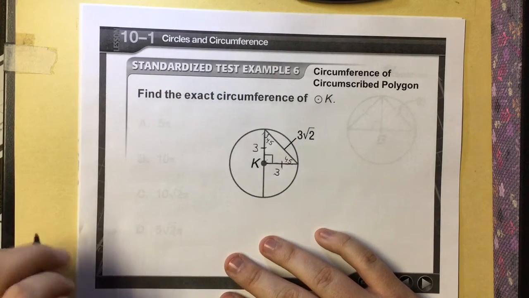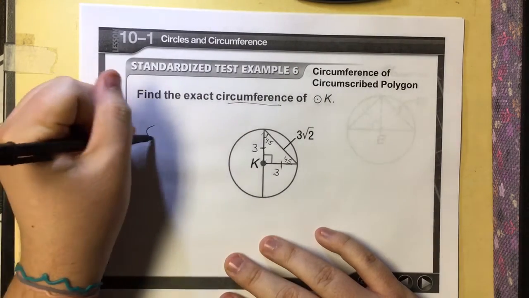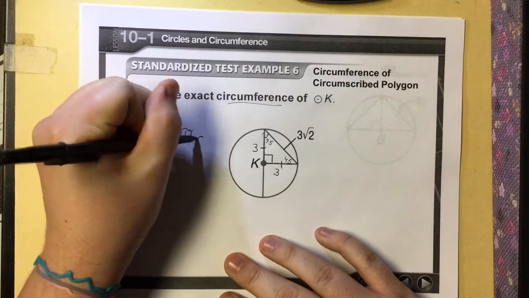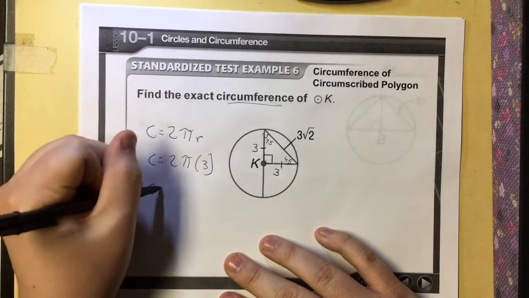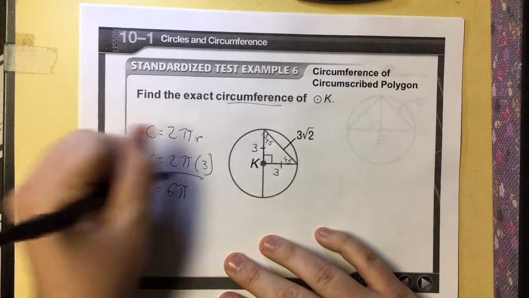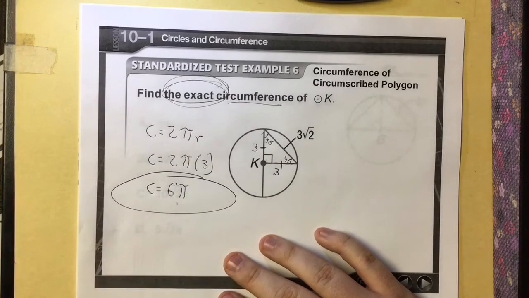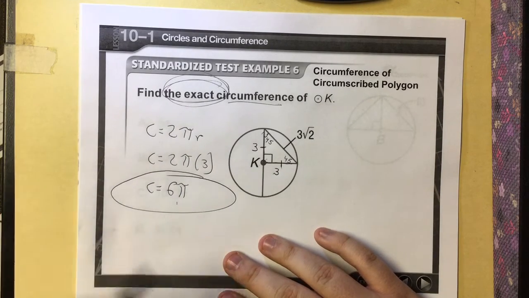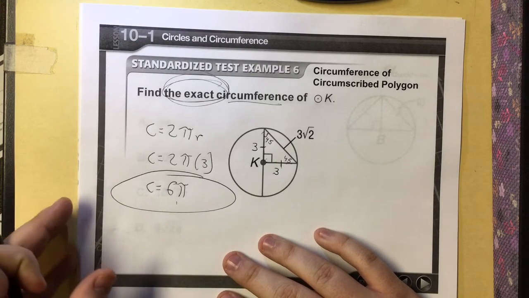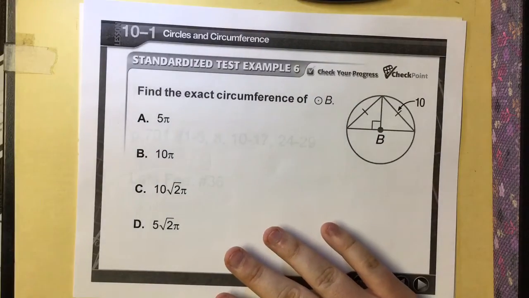So each of those radii is 3. We want to find the circumference. Circumference is 2 pi r. So 2 pi times 3 is 6 pi. Since this says exact, I leave it there. I do not type it in my calculator. If I were to type in 3.14 or even 3.14159 or as far as you can go out, it's not going to be exact. So we just leave it as 6 pi when they ask for an exact answer.